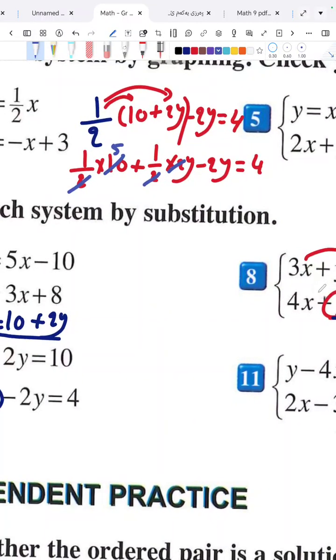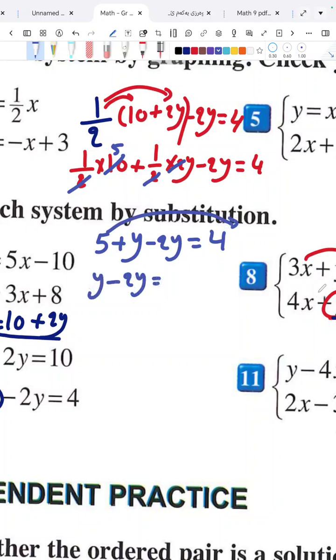So it will be 5 plus y minus 2y equals 4. Then move 5 to the other side. y minus 2y equals 4 minus 5. Negative y equals negative 1. Multiply by negative 1 to get rid of the negative, y equals 1.